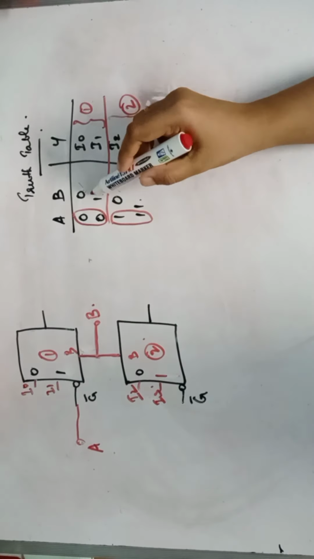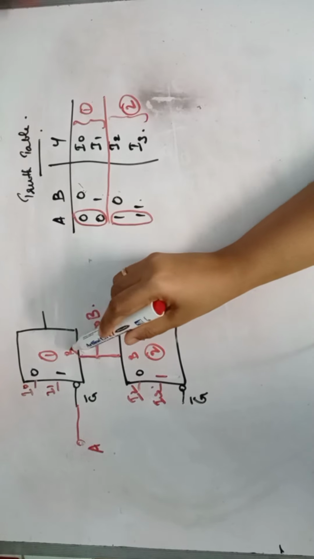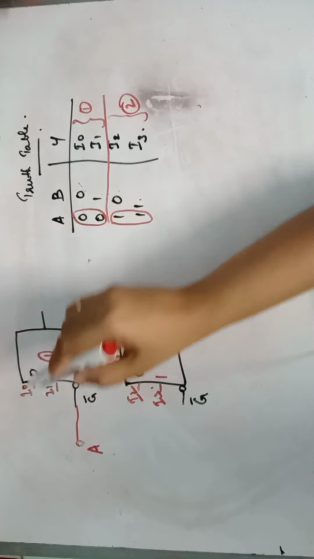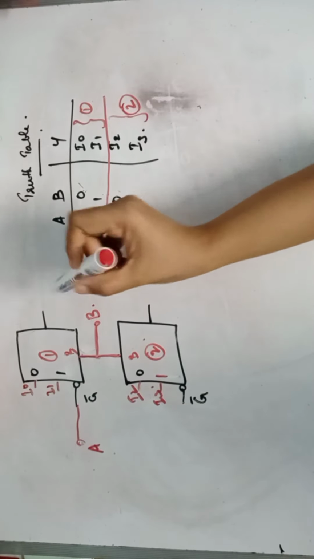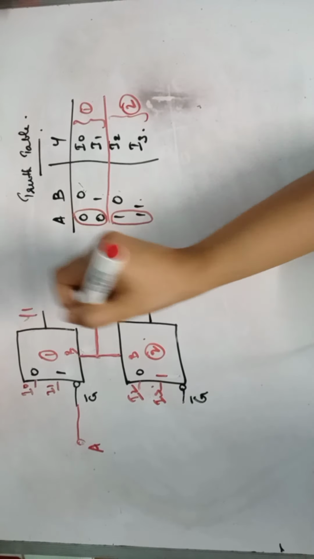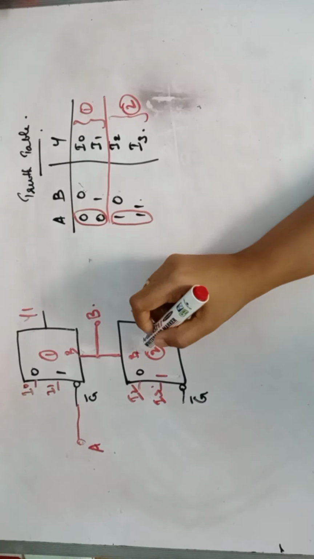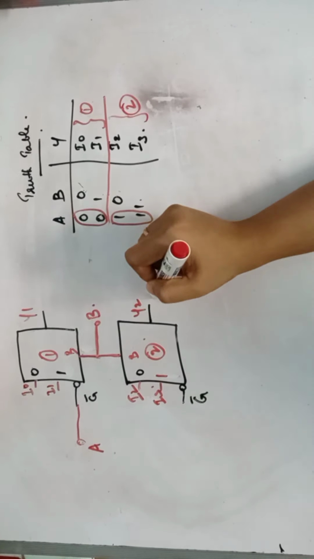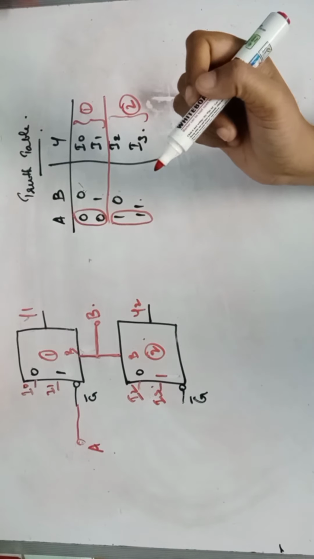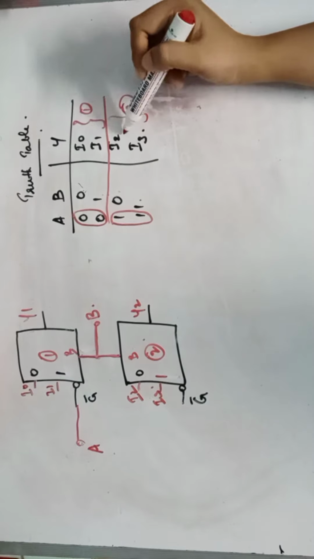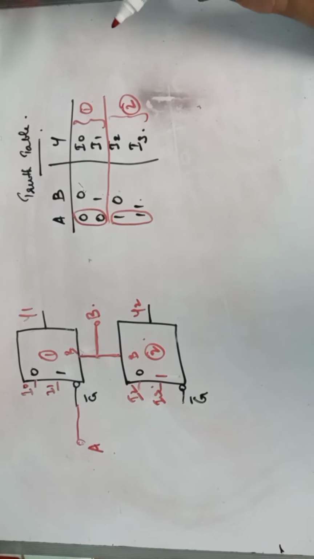So, when B is 0 here and B is 0 here, B 0 means I0 will be selected and output will be I0. Here when B is 0, I2 will be selected and Y2 will be I2. So you don't want I0 and I2 to come as the output.